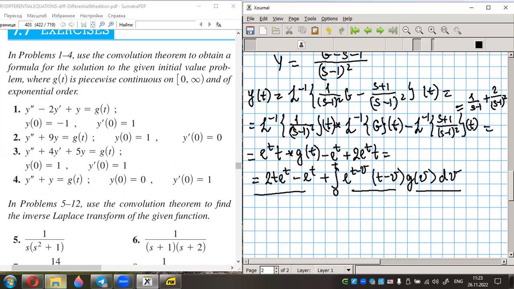How did you get this convolution with g of t? Here I use another formula. Let me write it.